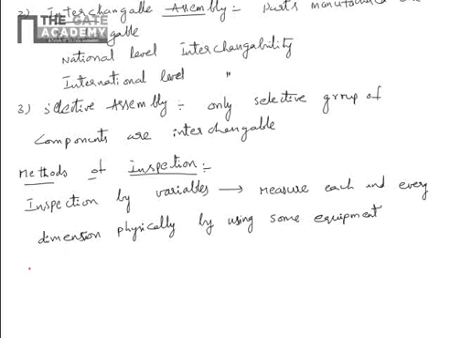The next method is inspection by attributes. Here, instead of measuring, we use limit gauges. Limit gauges are used to inspect by attributes.